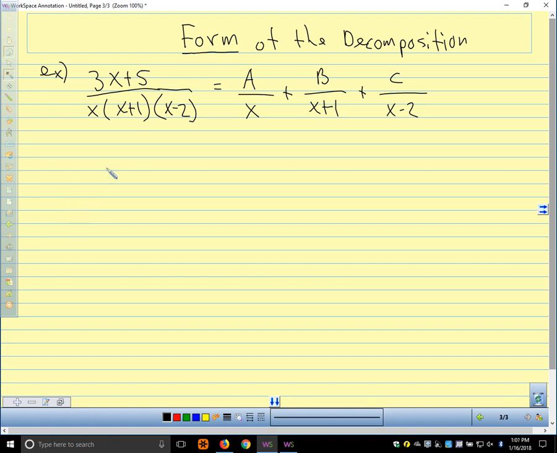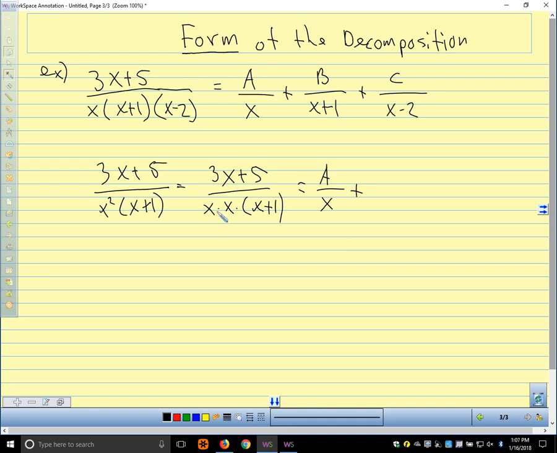All right, if we had 3x plus 5 over x squared times x plus 1, I can think of this as 3x plus 5 over x times x times x plus 1. I need to include one partial fraction for the x.